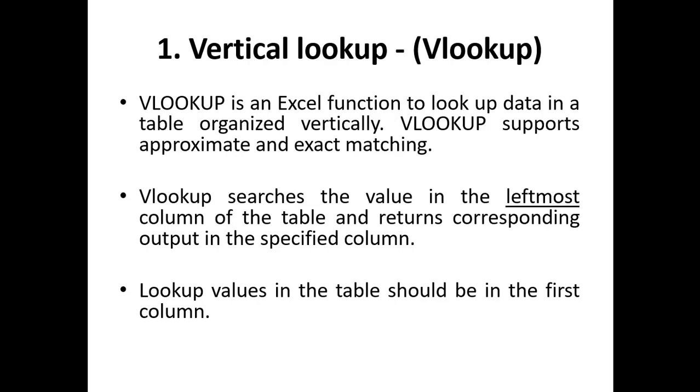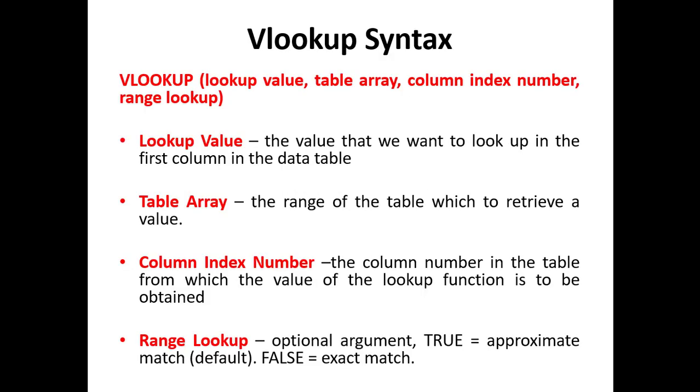So by using the first column codes, we are in a position to return the values available in the other columns, right? So the lookup value in a table should always be in the first column. Always when you are using the VLOOKUP function, the lookup value needs to be in the first column of the given table, right?